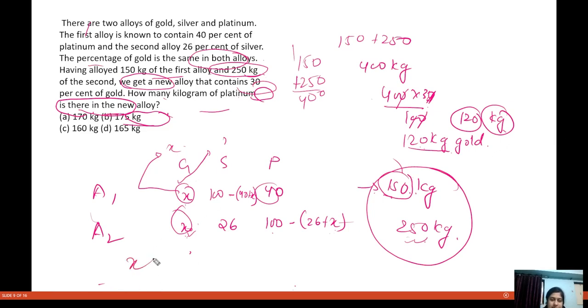So you have X percent of 150 kg plus X percent of 250 kg is equal to 120 kg. Because see, we'll get this as how much? X divided by 100.